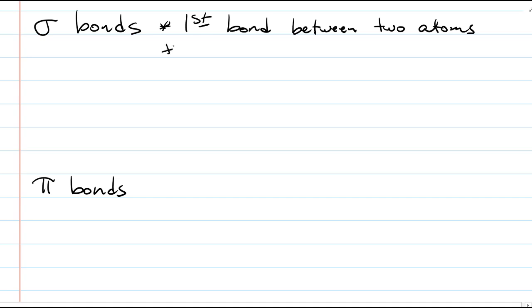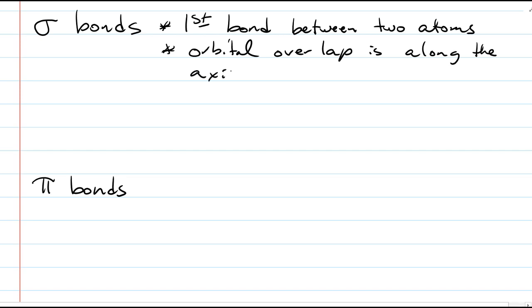And what we say is that the orbital overlap is along the axis between 2 atoms. There's going to be one more point that we're going to make on here.